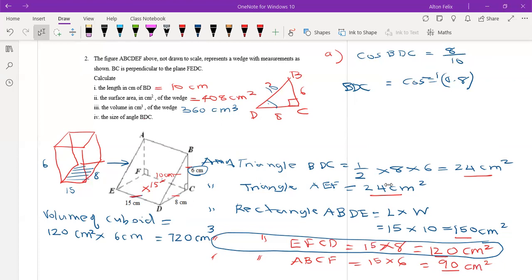If you go second function, there you go, see? So let's put in a 0.8 first. 0.8. And let's go second function, cosine. Right, that will be 36.9 degrees. So you see that here, arccos, cosine inverse of 0.8, 36.9 degrees.